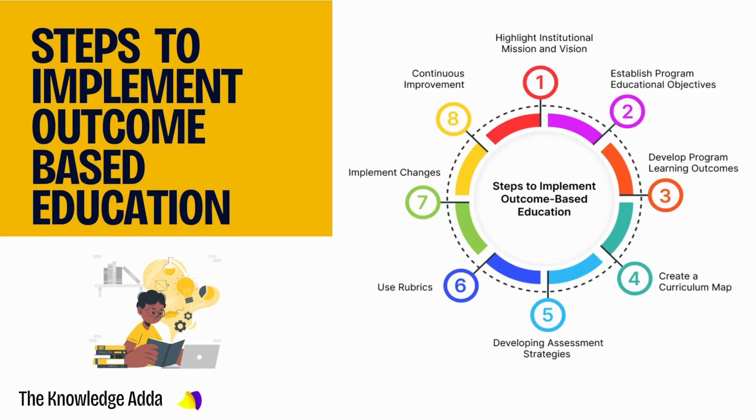So here you can see, firstly you have to highlight the mission and vision of the institute or university, and second is establish a program educational objective, third develop program learning outcomes, then create a curriculum map, and then develop assessment strategies, and six, use rubrics, and seventh, implement changes, and eighth, continuous improvement.